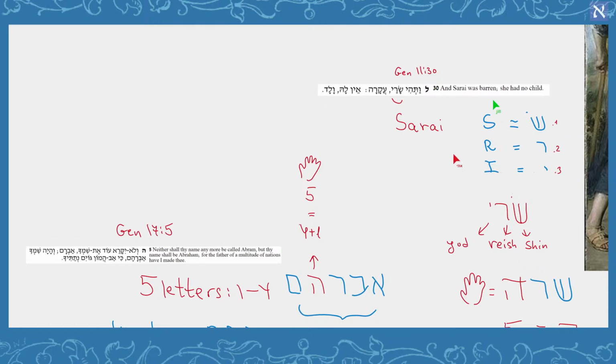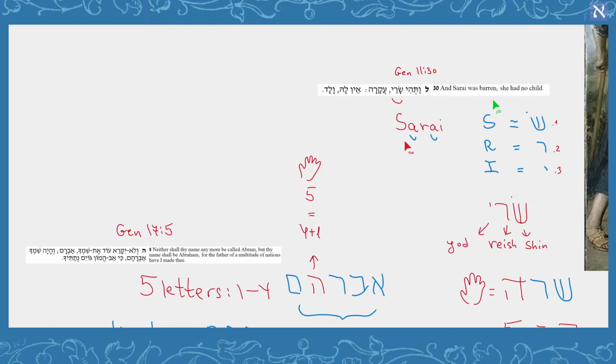So in Hebrew, we have three letters because in Hebrew, in general, there aren't any vowels, not in the way we see this in English and in other languages. This is why in English we see the name Sarai here with five letters, because we have the vowels.